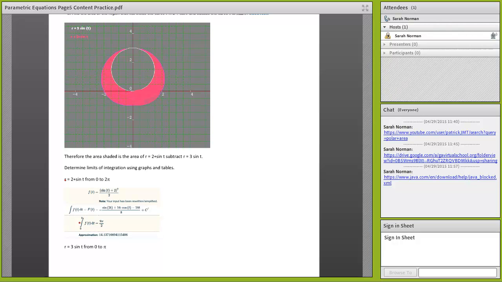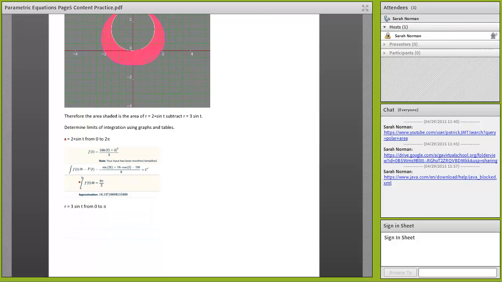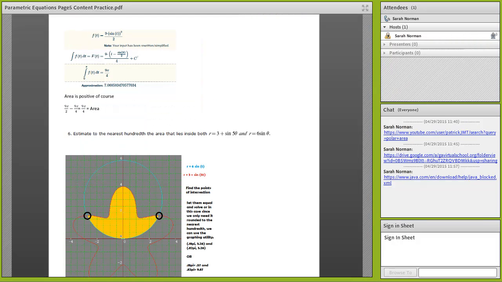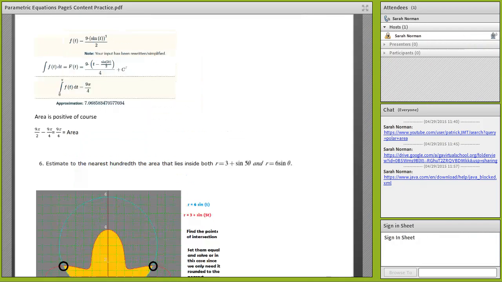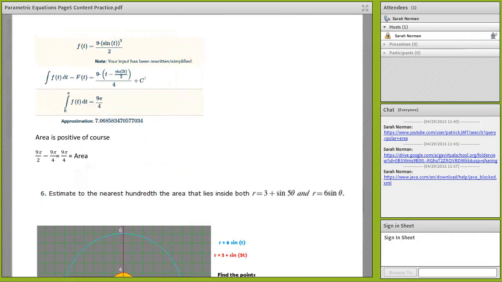So now that we know from 0 to pi is one full circle, or one full period, we can take a look at the calculations for that. Here at the top of the page, I'll zoom in.